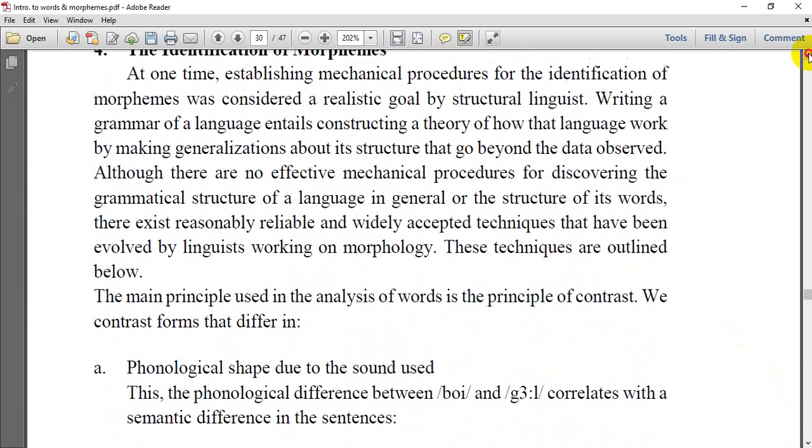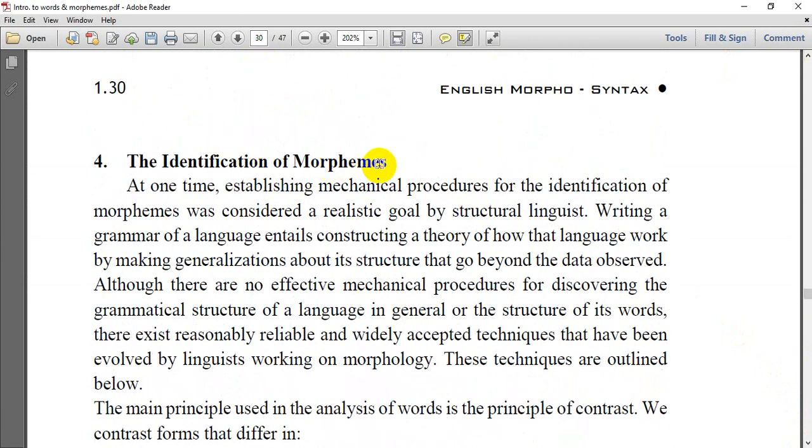It's very important to know about the identification of morphemes.